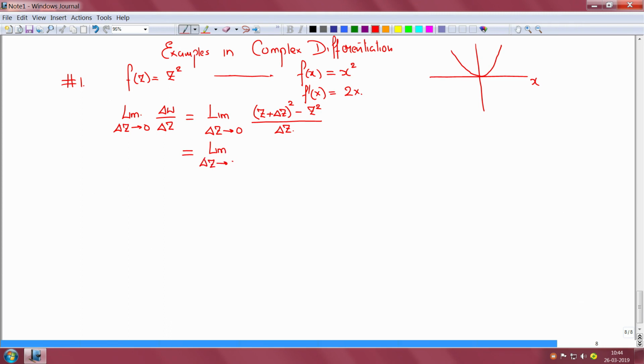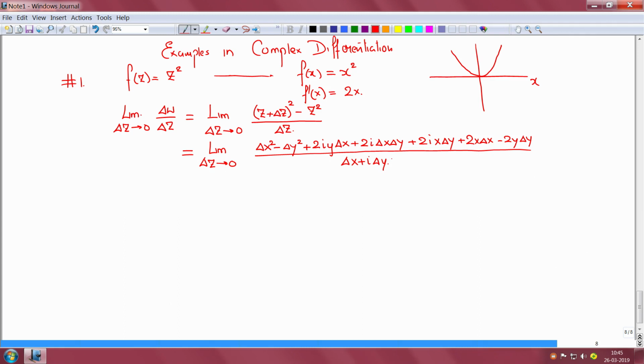The numerator will have delta x square minus delta y square plus twice I y delta x plus twice I delta x delta y plus twice I x delta y plus twice x delta x minus twice y delta y, and the whole thing divided by delta x plus I delta y.